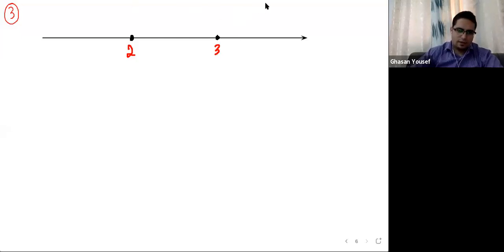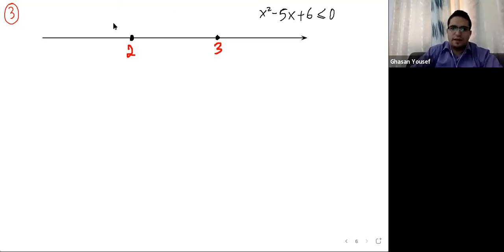The inequality is x squared minus 5x plus 6 is less than or equal to 0.